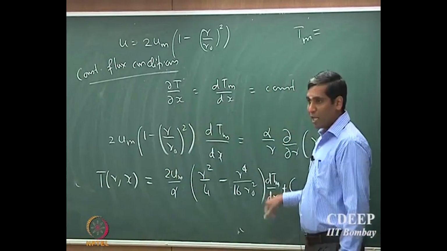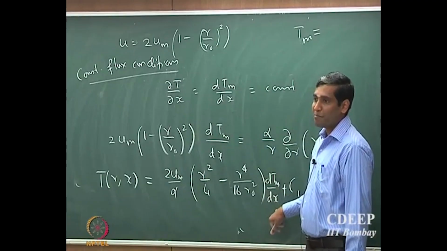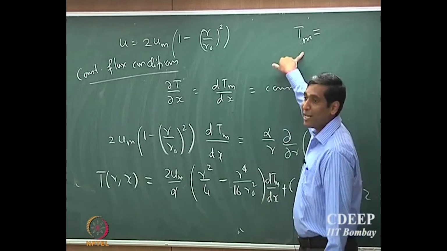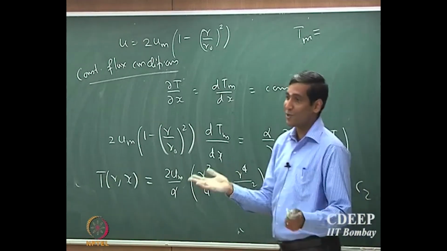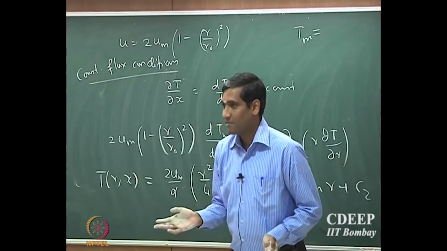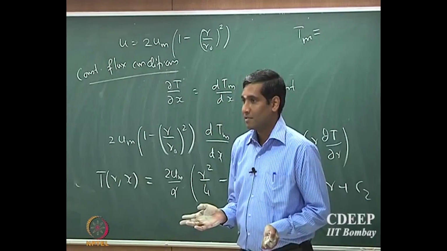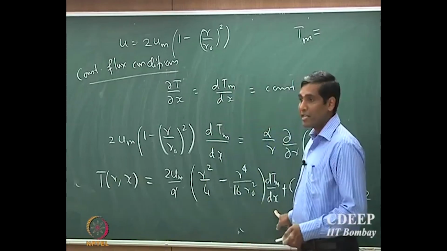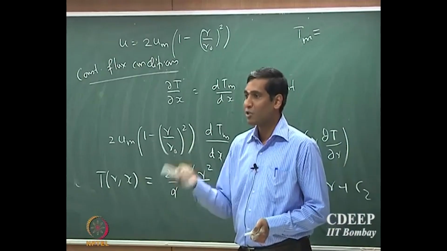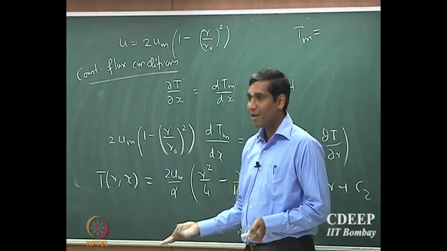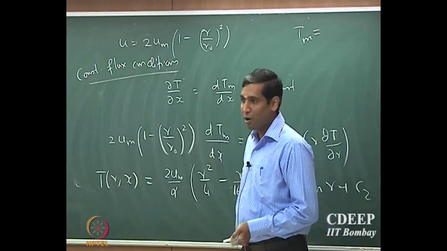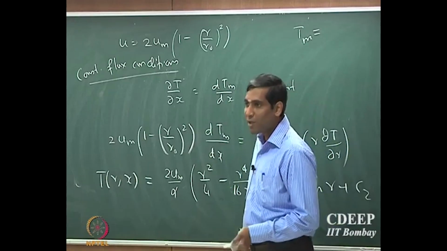If we put in the expression for dTm by dx, that is a function of x alone, since Tm is already integrated over r and is not a function of radial position anymore. dTm by dx is constant, which means Tm is linear, and this is nothing but Qs prime into P by m dot Cp.